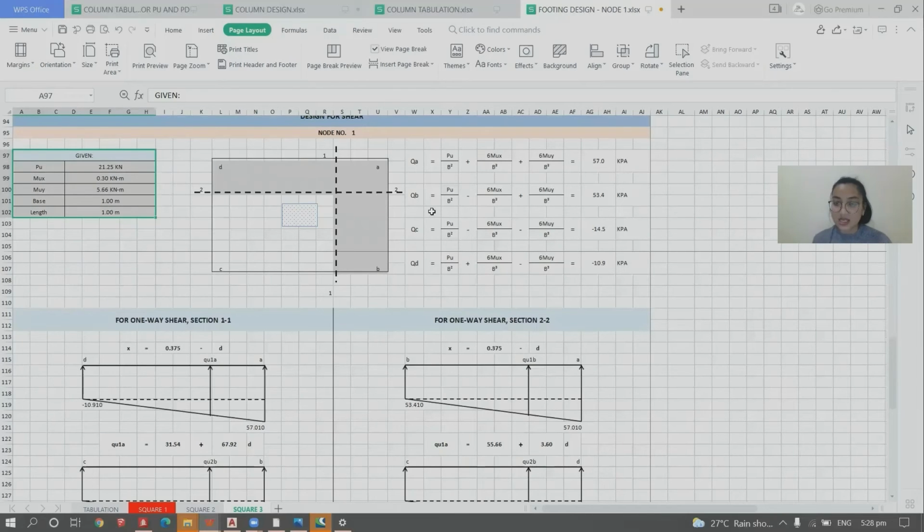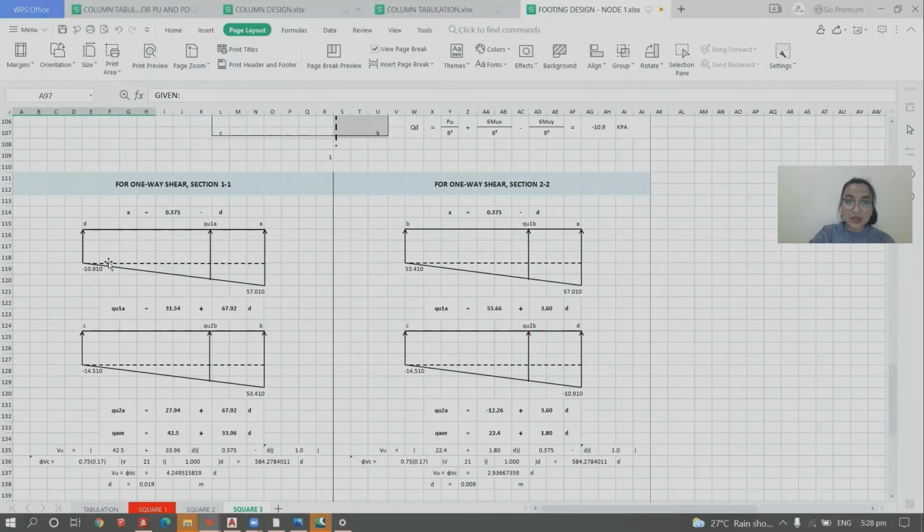Then we have QB equals PU over B squared minus 6MUX over B cubed plus 6MUY over B cubed, equals 53.4. Then QC equals PU over B squared minus 6MUX over B cubed minus 6MUY over B cubed, equals negative 14.5. And then QD equals PU over B squared plus 6MUX over B cubed minus 6MUY over B cubed, equals negative 10.9 kPa.